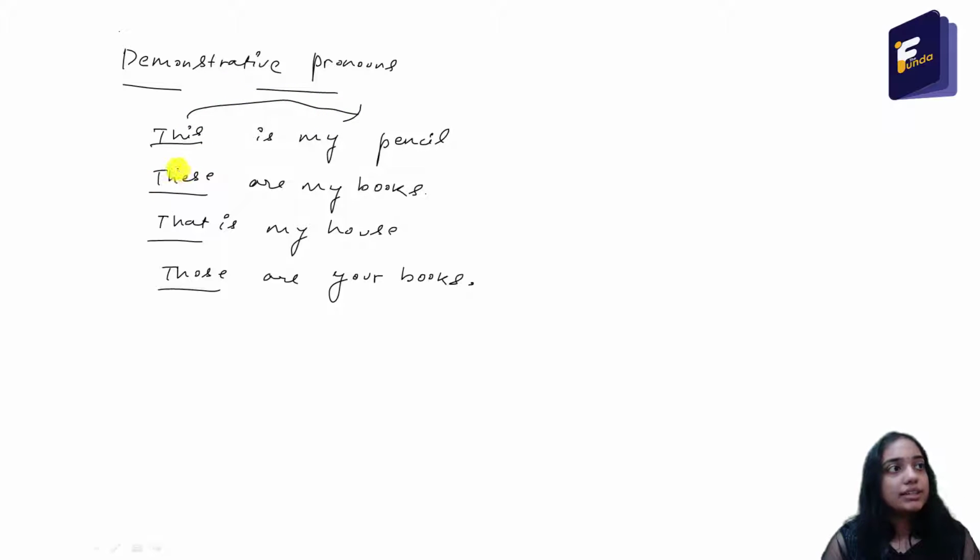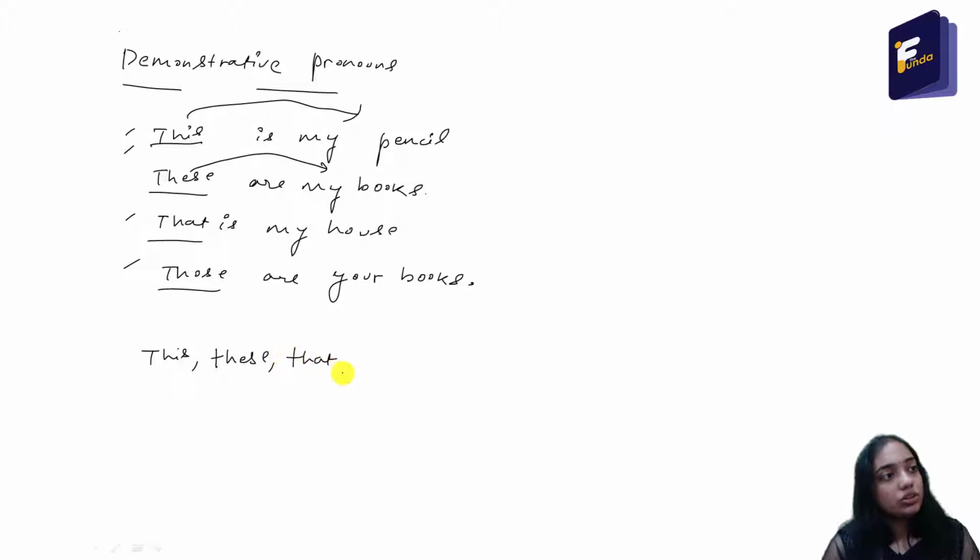In the second case, these is pointing out towards the noun books. So in all these sentences, the words this, these, that, those are known as demonstrative pronouns.